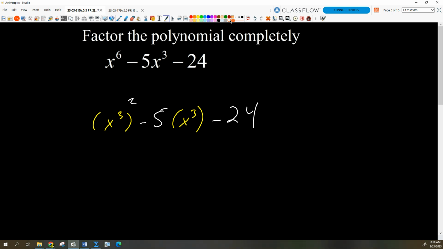So imagine those are just x's instead of x cubes. If I had x squared minus 5x minus 24, let's start with the x values. If I were going to factor this thing now, what has to go there and there?